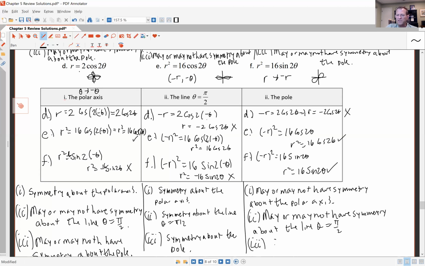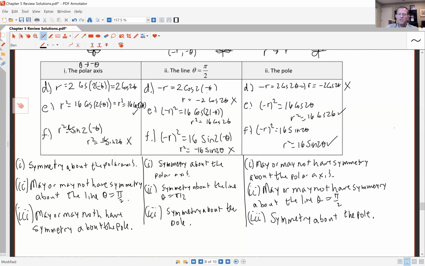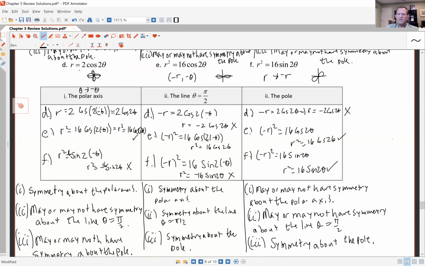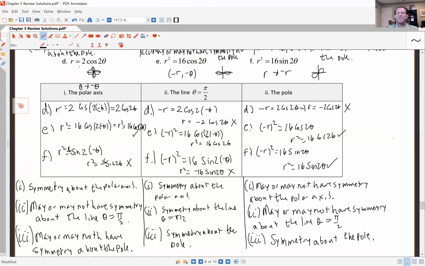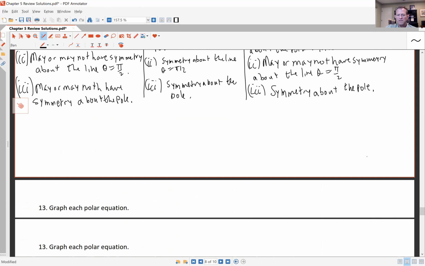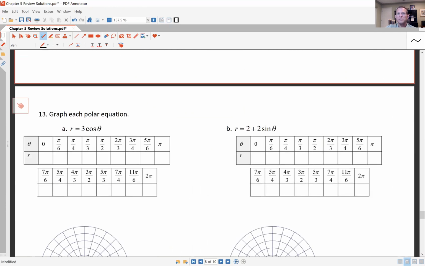So we can say for certain that we have symmetry about the pole. And so the beauty of this sort of thing is when you have half of the graph, you can get the other half of the graph by symmetry. So it takes some of the time away from graphing the polar equations.